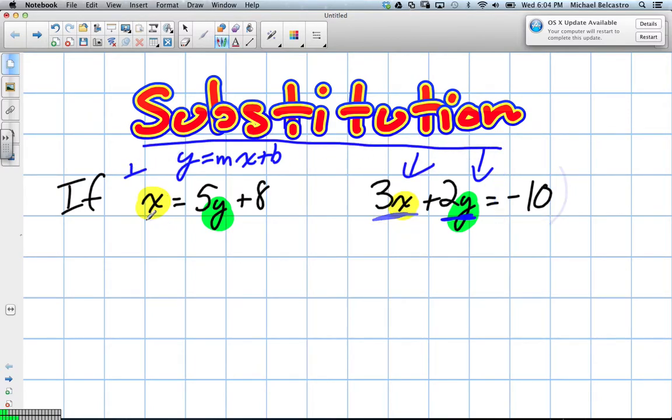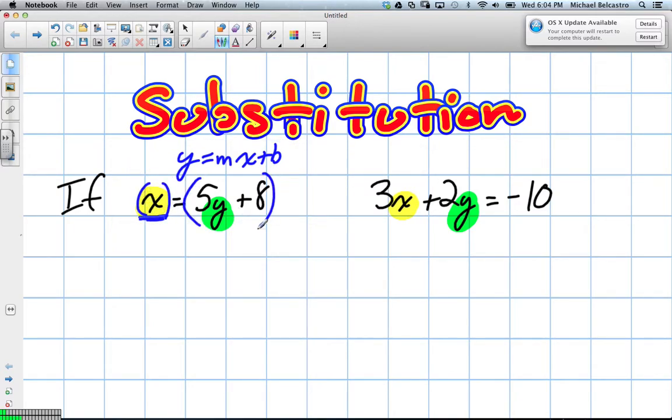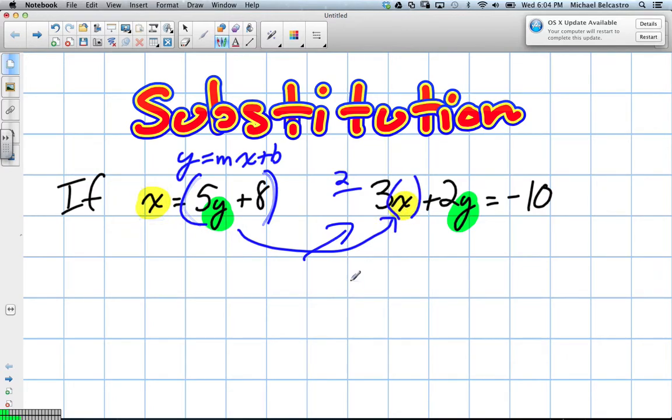But in equation 1, they've done a lot of the work for us. They've already set it equal to x, okay? So that's great. Because they've set it equal to x, what it's saying is x is equal to this. So in our second equation, we can substitute this in place of the x because those two things are equal, okay?